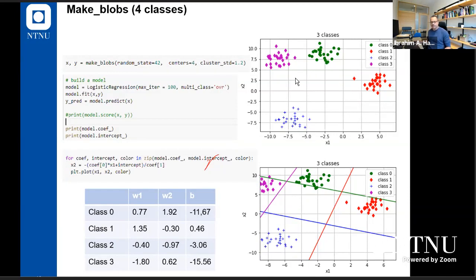But if we have really complex overlap, it will be impossible. I mean, we can use a straight line, but of course we will have low performance. But there are many ways to get around this restriction. But this 1.2 is the cluster standard deviation, so it's how the data will be distributed around the center point of each cluster.